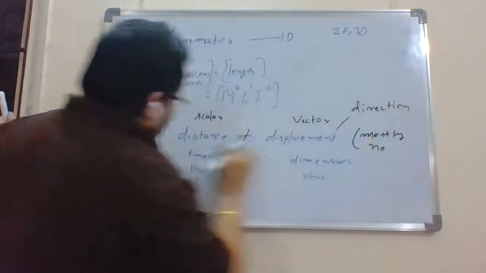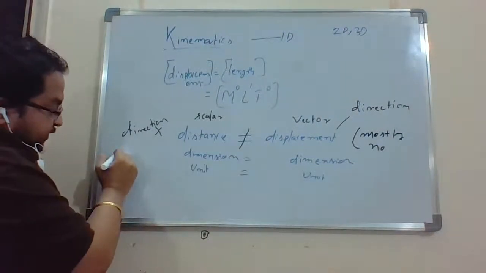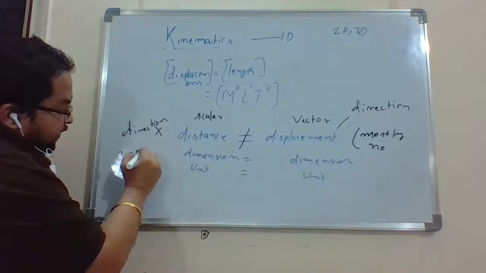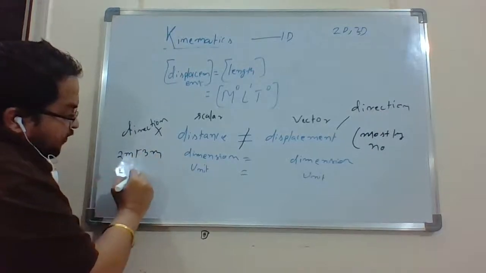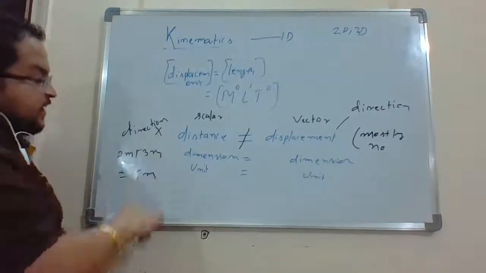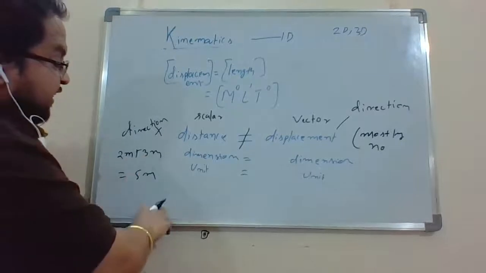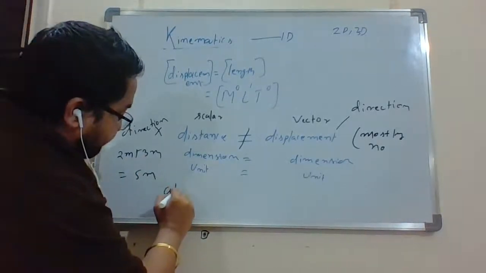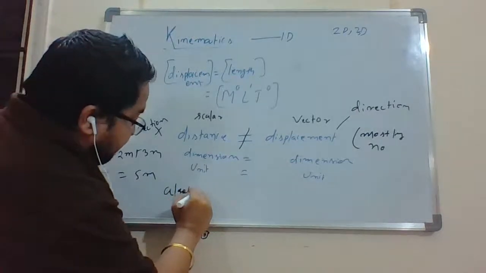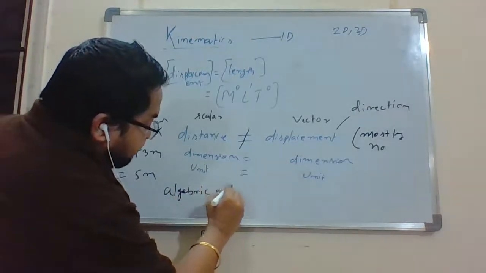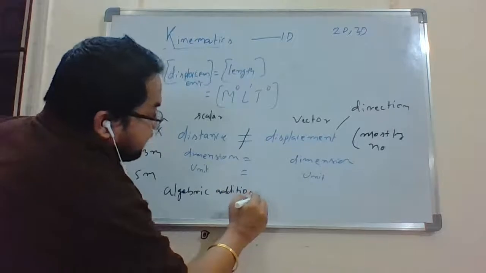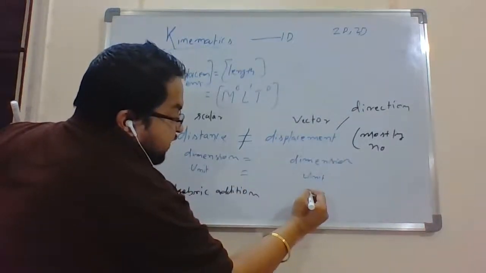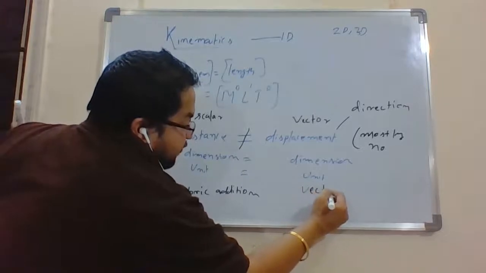If I say 2 meter plus 3 meter, it is always 5 meter. It gets added as per algebraic addition, and a vector gets added as per the vector law of addition.